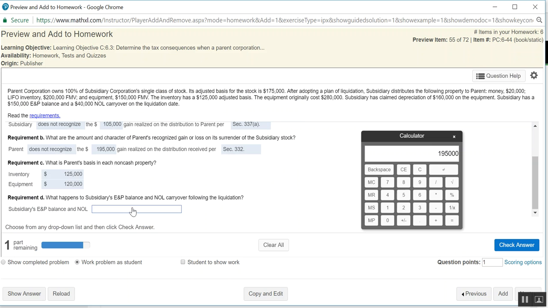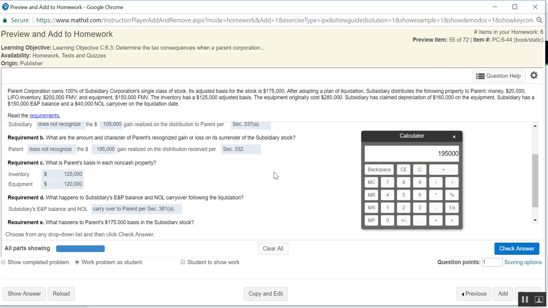And then what happens with the subsidiary's E&P balance and NOL? In the facts it says that S had accumulated E&P of 150K and an NOL carryover of 40K on the liquidation date. Under what section does that carry over? That's 381, if you look back to your slides from that lecture.